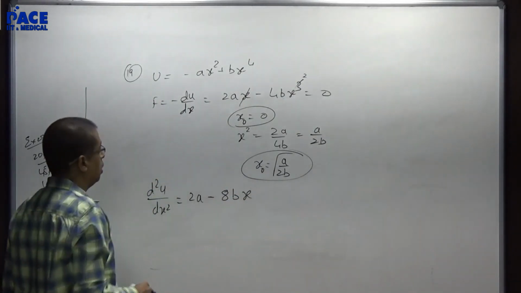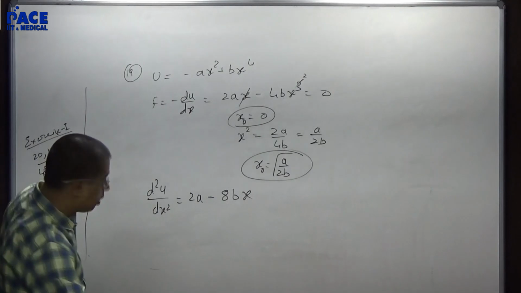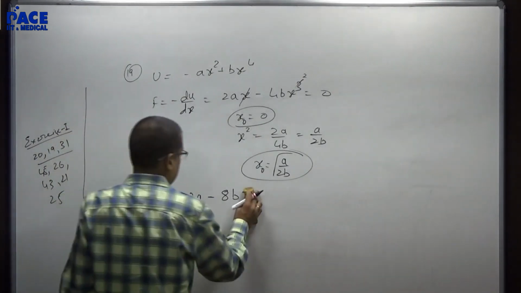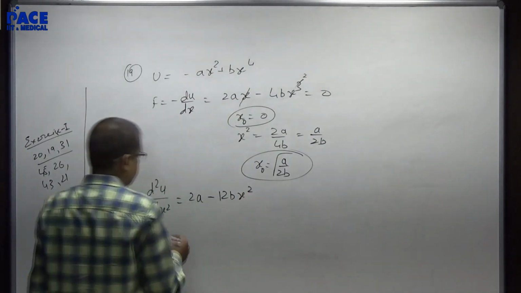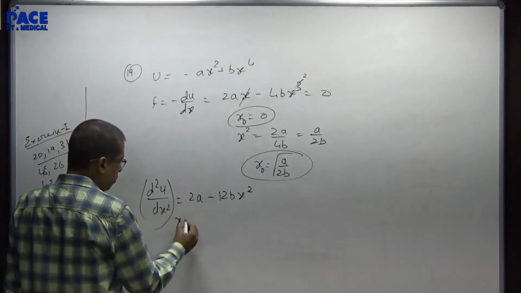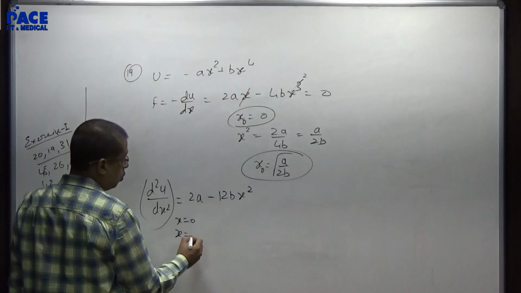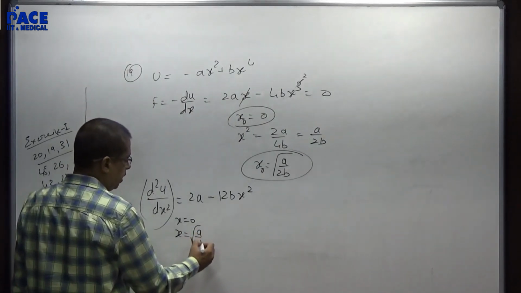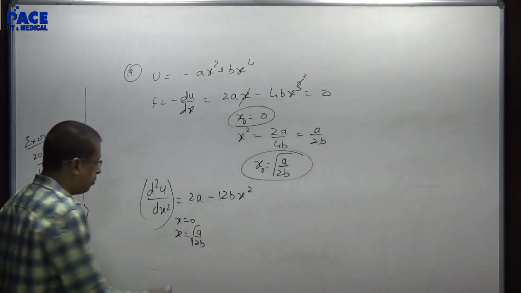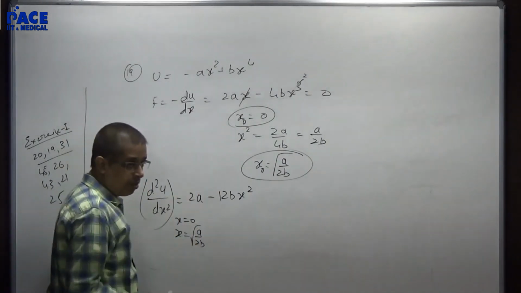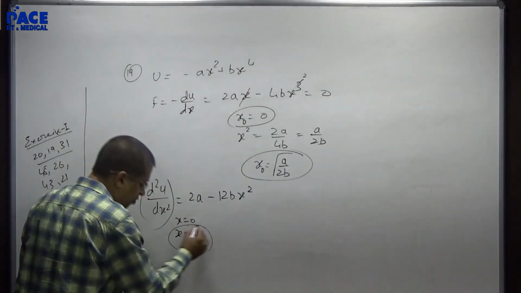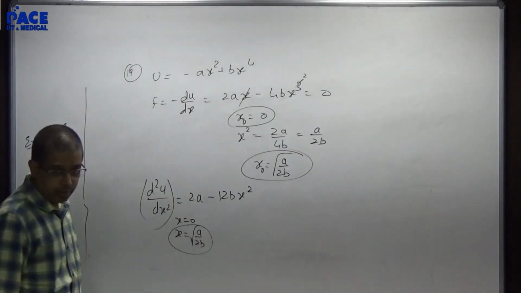X cube was there, sir. 12b x square. Now put x equal to 0 and x equal to under root a by 2b. When I put x equal to 0, I will realize that it will not be stable equilibrium. It is for this value that there will be stable equilibrium.